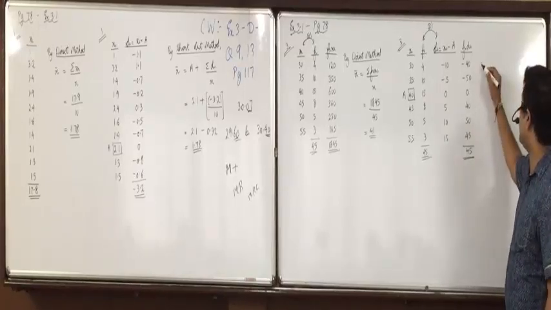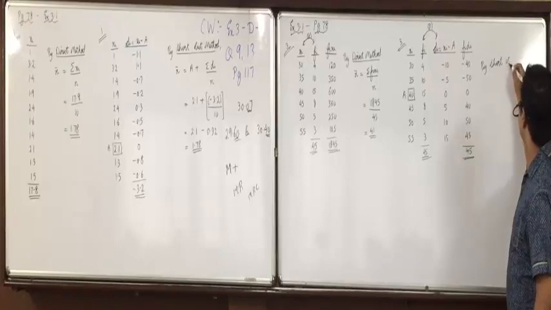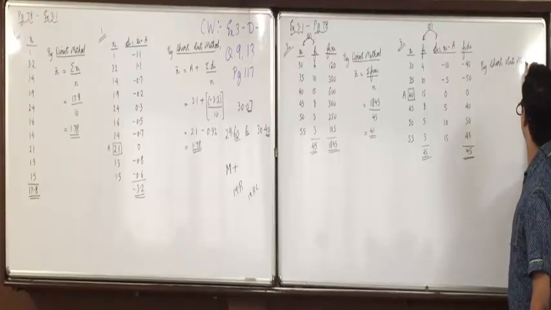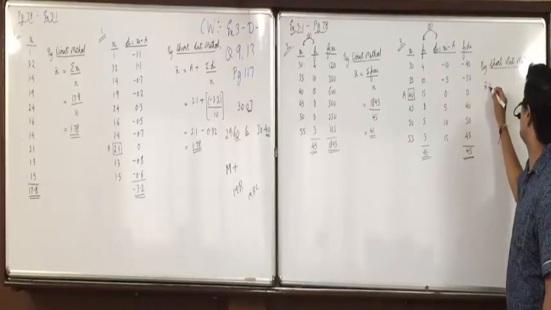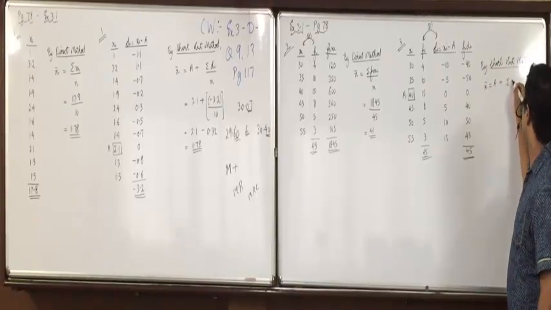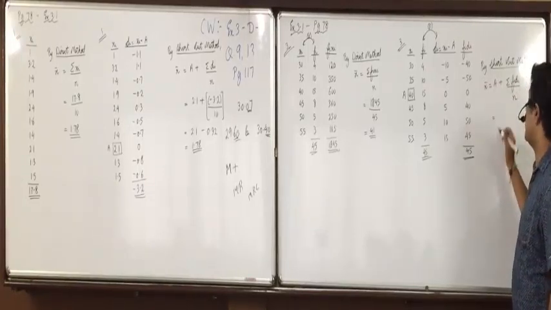Okay, now by shortcut method, x bar is equal to a plus, now instead of di it will become sigma fi di upon n.